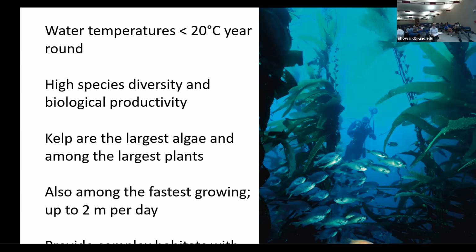And so this is by far the most species-rich part of the temperate and Arctic and Antarctic oceans. This is where most of the production occurs in the temperate oceans. And most of the fisheries that you are familiar with have their origins in a kelp forest somewhere.